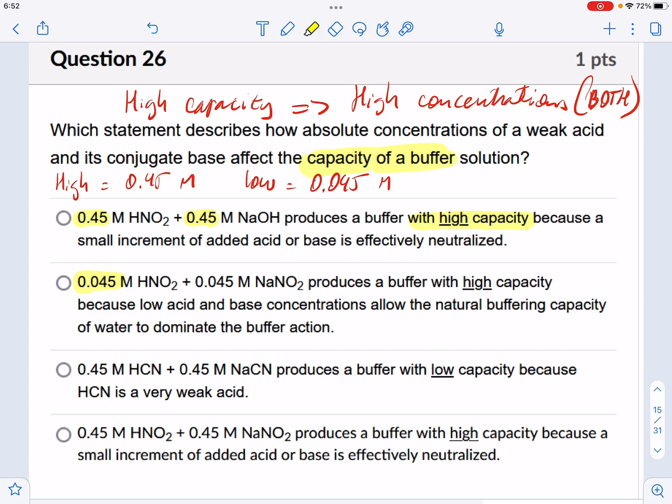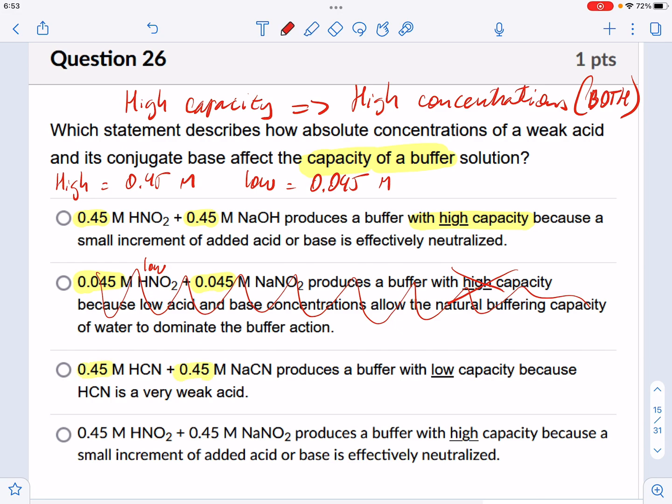Okay? Now, the next one, well, we already know that these are low concentrations, and low concentrations will not give you a high capacity buffer. Okay, so that's why this one is not a description for what a buffer does. All right. Now we have here 0.45 molar and 0.45 molar.